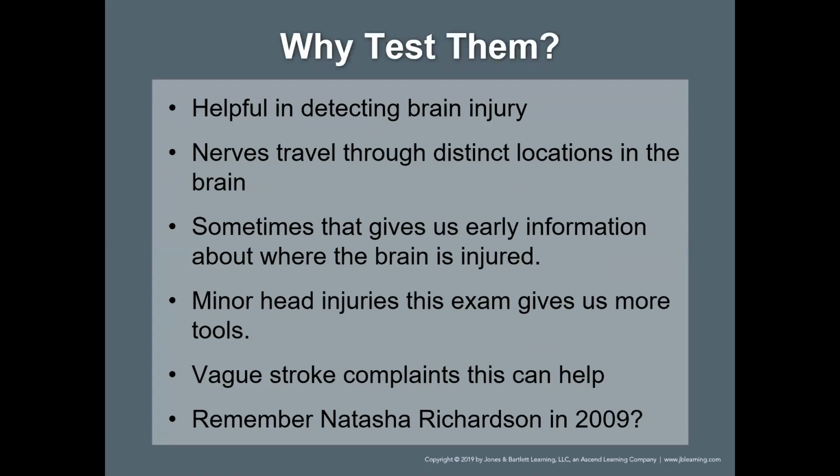Okay, why test them? Why do we care? Because just the Cincinnati stroke scale is not adequate enough for neurological assessment. There are many times that I have been on, say, a car crash, and somebody has hit their head on the windshield or something, and with just the Cincinnati stroke scale, I can't tell you if their brain is okay from the field.